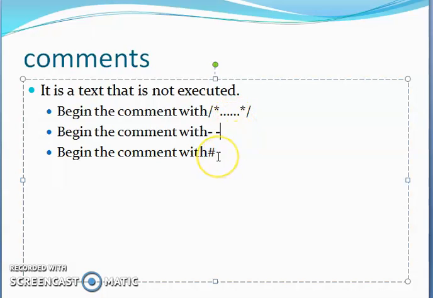Next one is the double hyphen symbol. It proceeds with the text of the comment. This text cannot be extended to a new line. The comment ends with a line break. Next one is the hash symbol.